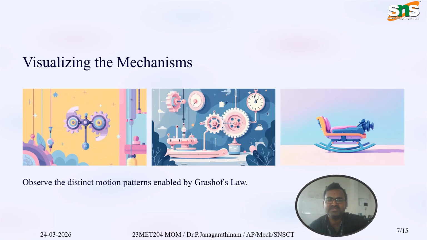Okay, so this is the visualization of the mechanisms. It is observed that distinct motion patterns are enabled by Grashof's law, whether we are using sliding motion, rotary motion, oscillating motions or gear machines. For different kinds of applications, the mechanisms as well as Grashof's law are applied to satisfy the working conditions.